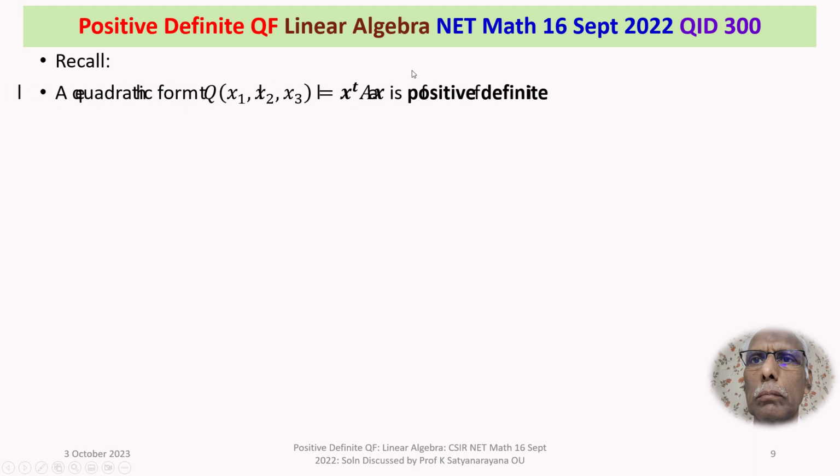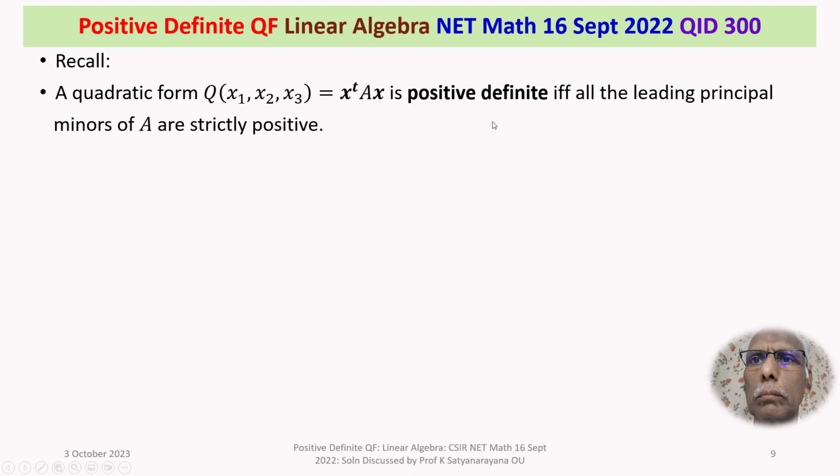And we also recall a result on positive definiteness of quadratic forms. A quadratic form Q of x1, x2, x3 associated with a real symmetric matrix A, given by x transpose Ax, is positive definite if and only if all the leading principal minors of A are strictly positive.